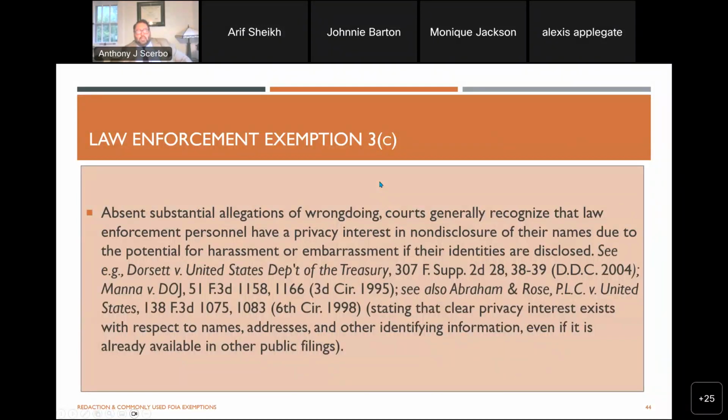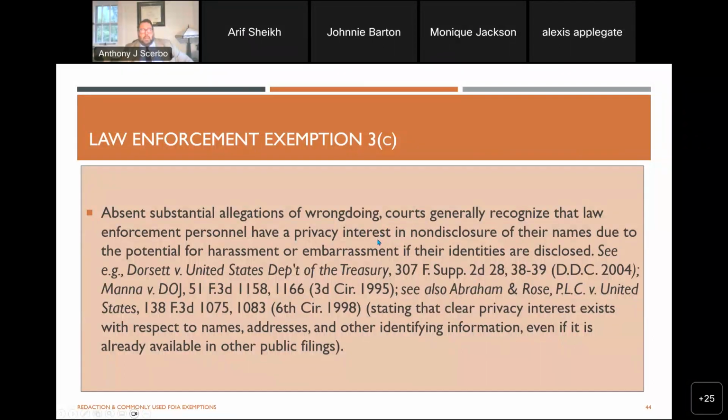Absent substantial allegations of wrongdoing, courts generally recognize that law enforcement personnel have a privacy interest in non-disclosure of their names due to the potential for harassment or embarrassment if their identities are disclosed. See here, we've got Dorset's as well as Abraham and Rose, both non-DC circuit opinions from 20, 30 years ago, where we see that clear privacy interests exist with respect to names, addresses, and other identifying PII information, even if it's already available in other public filings.